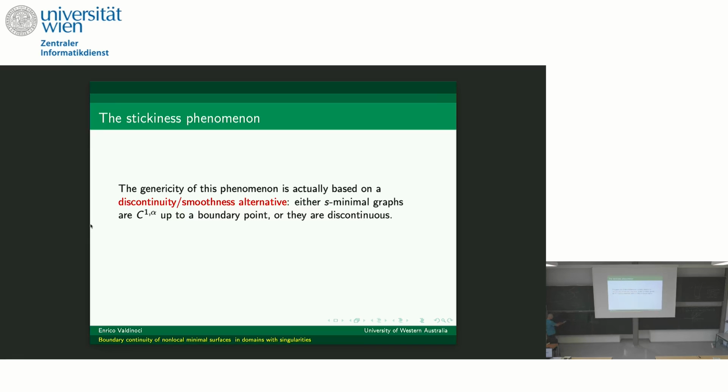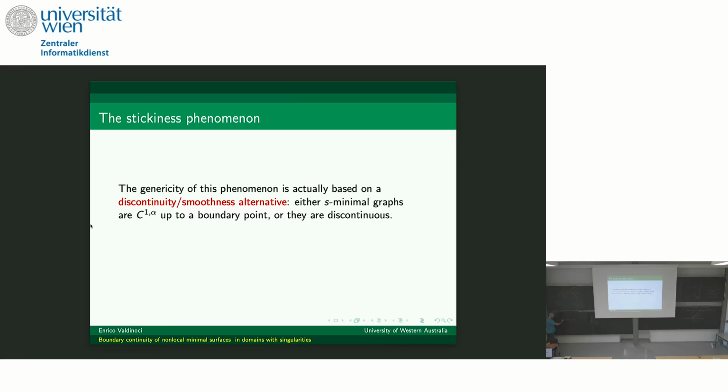This is a translation of the perturbed S-minimal surface that touches the original one at a point.